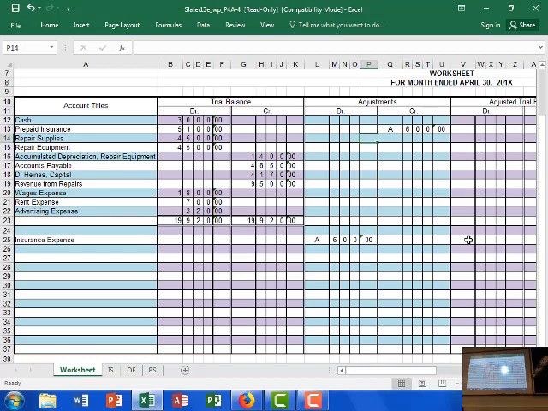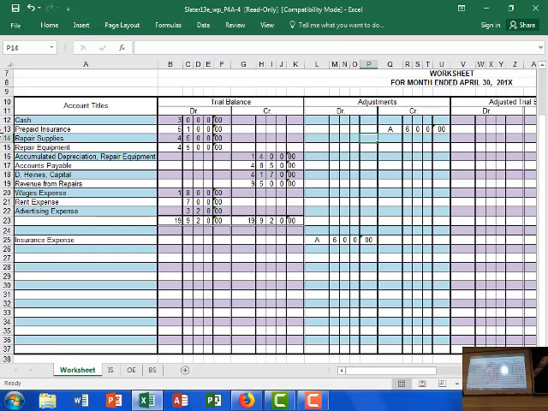So notice what we're doing, how we're adding the adjustments. We're adding the extra accounts here, but we're actually doing the work where it says adjustments on the adjustment columns. So the next one says repair supplies on hand.